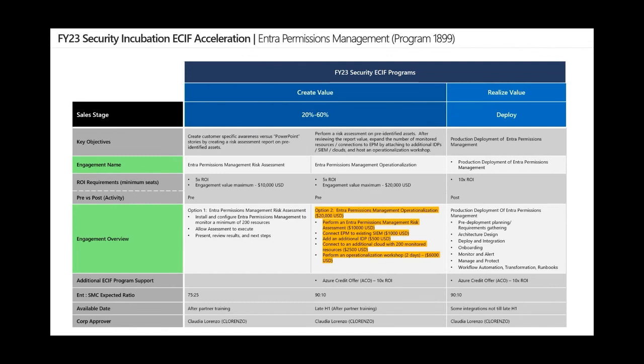If you do engage with a client to perform a risk assessment, it's 10K up front. However, there's other things like connecting to a CIEM, which we know is not possible today. That's coming. Adding additional IDPs is coming as well. But connecting to additional clouds with 200 resources, $2,500.